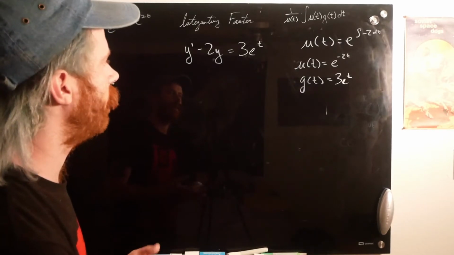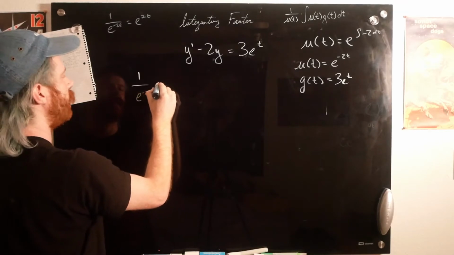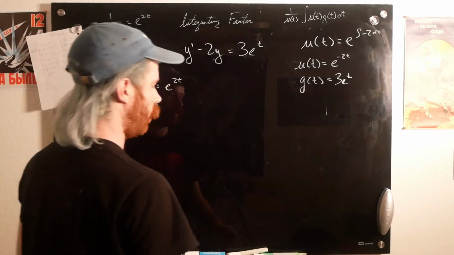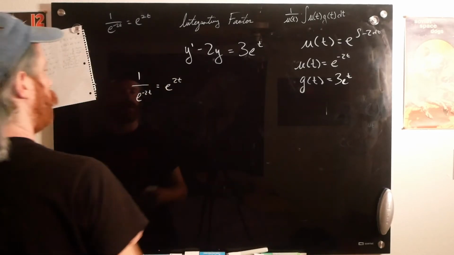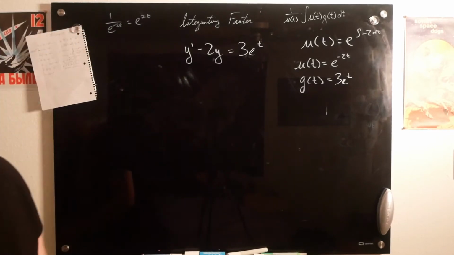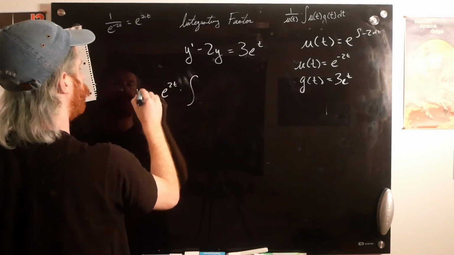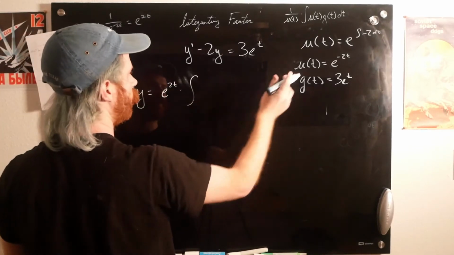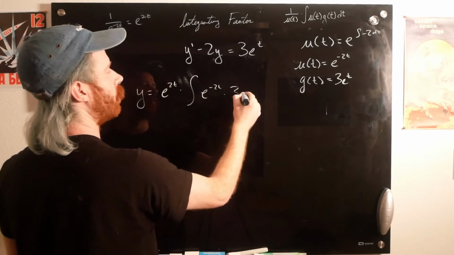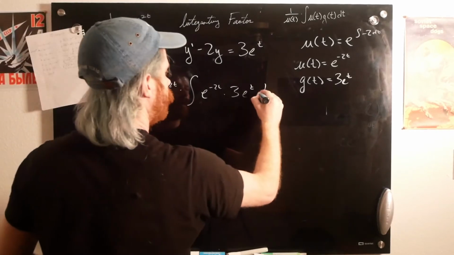So now let's set everything up and integrate. So we know that 1 over e to the -2t is just equal to e to the 2t. So let's use that instead, because it's a little bit more simple. So e to the power of 2t times the integral of mu of t, which is e to the -2t, times g of t, which is 3 e to the power of t, dt.